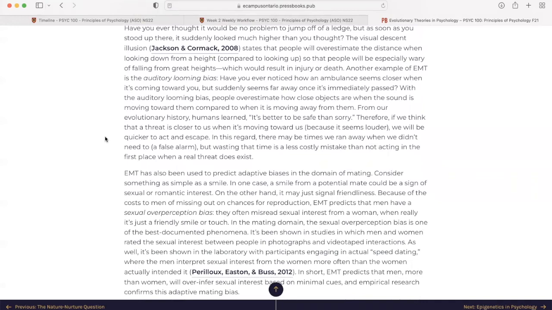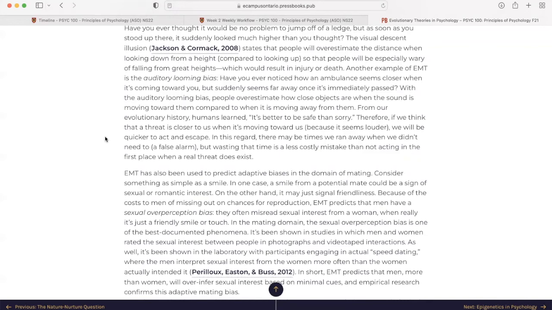Therefore, if we think that a threat is closer to us when it's moving towards us because it seems louder, we will be quicker to act and escape. In this regard, there may be times we ran away when we didn't need to, a false alarm, but wasting that time is a less costly mistake than not acting in the first place when a real threat does exist.